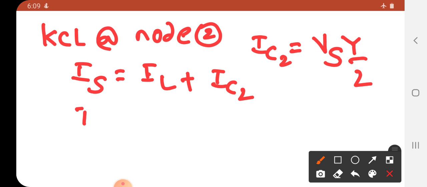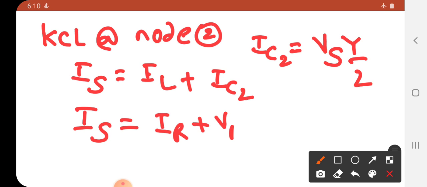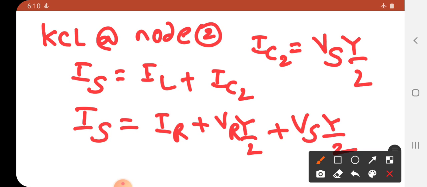So hence Is is equal to IL, and what is the equation for IL? Yes, IL is equal to IR plus VR into Y by 2 plus Vs into Y by 2. Yes, if it is so, what is Vs? Now we write the equation for Vs.